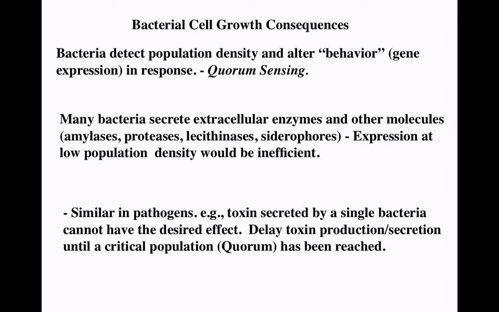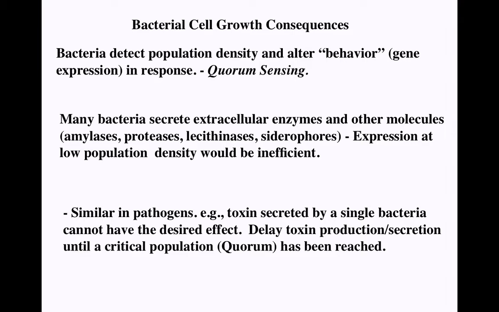So what pathogenic organisms do when they initially colonize a naive host is they kind of try to fly under the radar. They don't express a lot of their virulence genes, a lot of their toxins, because they realize that if they come to the attention of the host, it can kill them because there's only 100 of them or 1,000 of them. But if instead they lay low, hide behind the rocks, wait until their numbers increase to say 1 million or 10 million, then they realize that, okay, if we start to produce toxin now, we can cause all of the symptoms that are going to allow us to spread to another host.